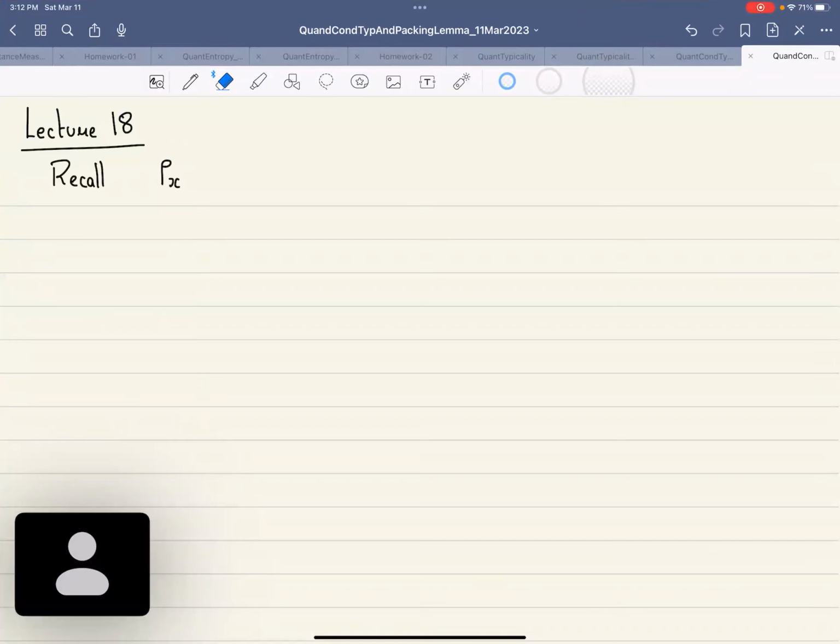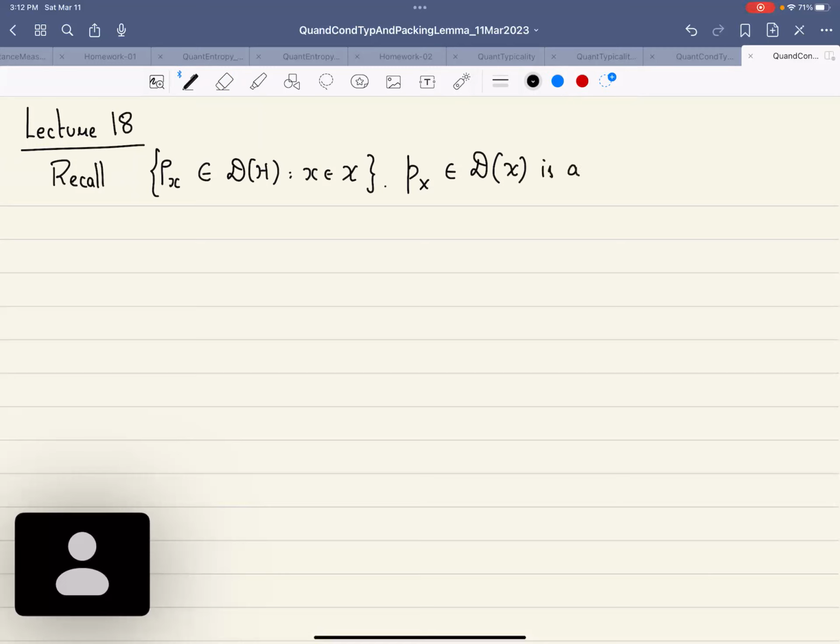Conditional. Okay. So rho x belongs to D of H, x belonging to X. So we have this p x belonging to D. When I say D of X, I mean it's just a distribution on X. It's a PMF.